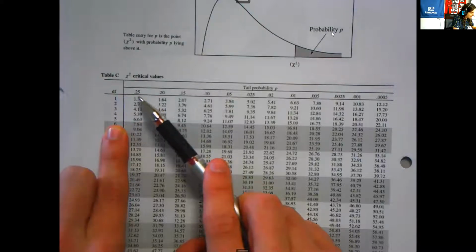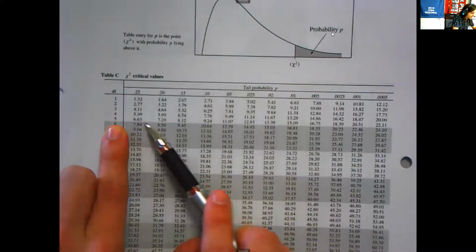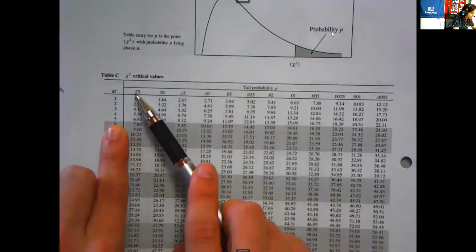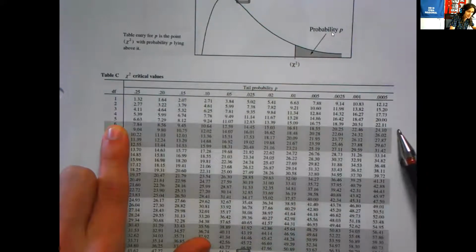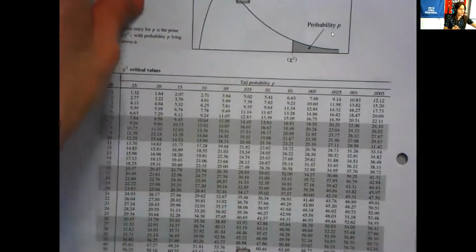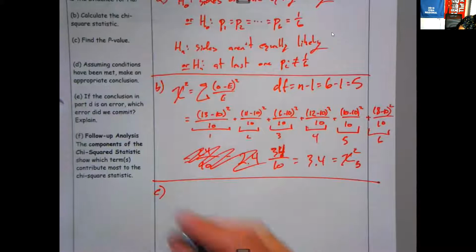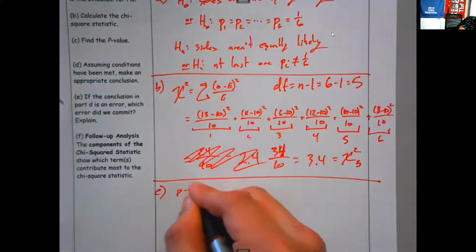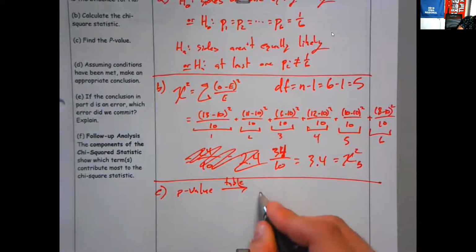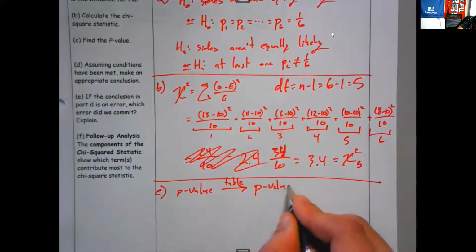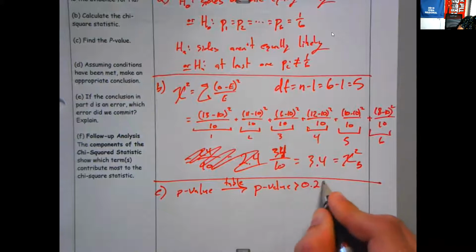So that'd be a p-value. Well, these are p-values smaller than 0.25. As I get bigger chi-square statistics, I have smaller p-values. So if I go the other way, I must have a larger p-value. So my p-value from the table shows me a p-value that's got to be greater than 0.25.